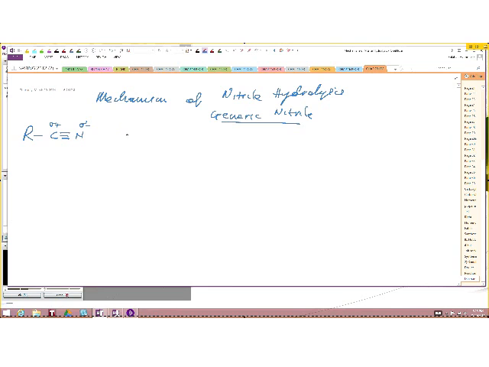So if you have a dilute acid, what happens here, because we also have a non-bonding pair of electrons here.